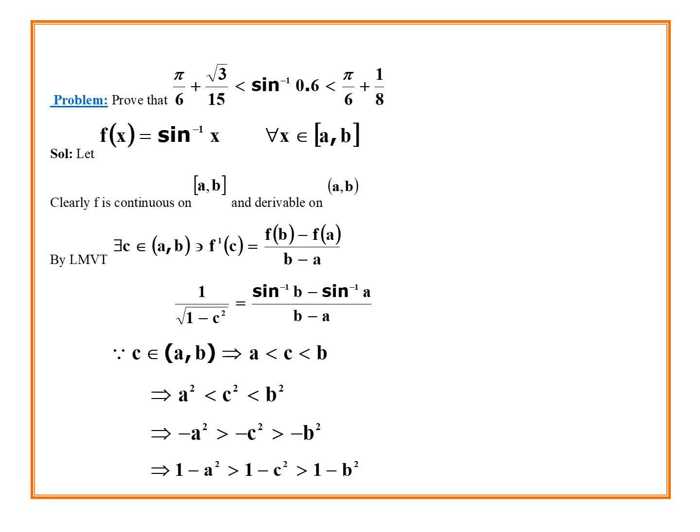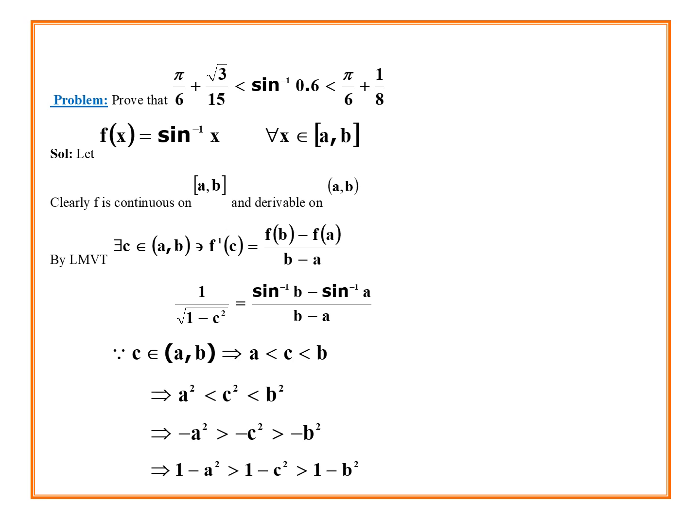By Lagrange's mean value theorem, there exists c belonging to the open interval (a, b) such that f'(c) = (f(b) - f(a))/(b - a). So 1/√(1 - c²) = (sin⁻¹b - sin⁻¹a)/(b - a).